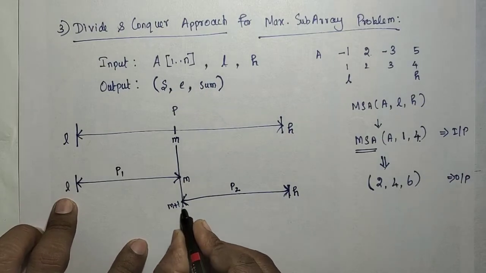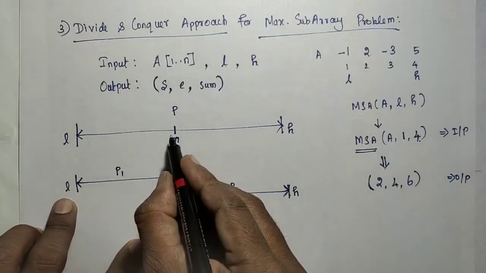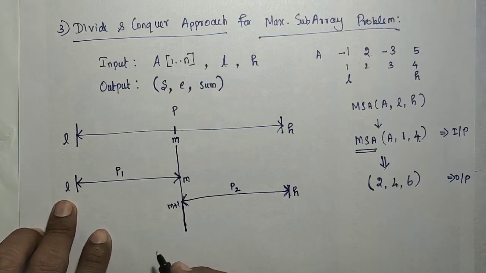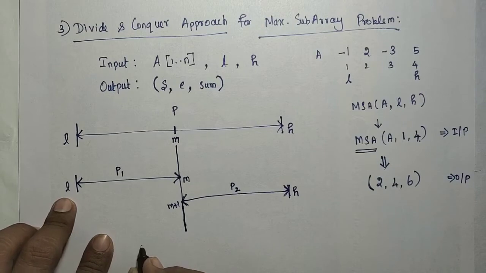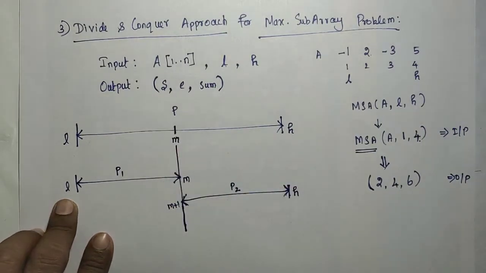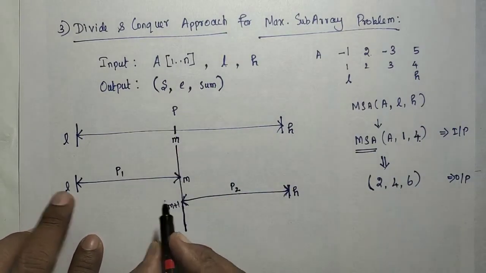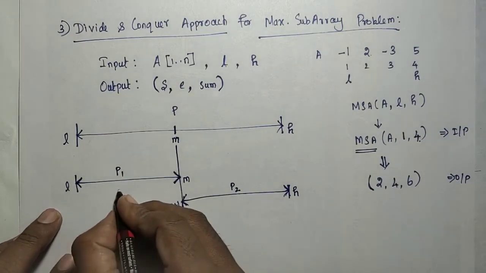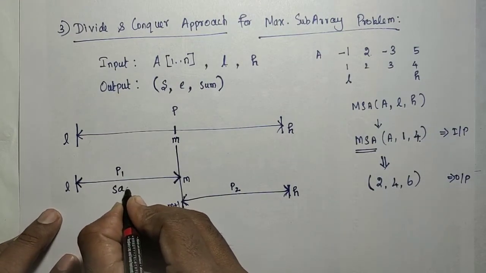And then we are going to apply another algorithm, which is called the mid-crossing subarray. It means that we are going to find a subarray which must cross the middle element. The thing is, from L to M you find one subarray, say subarray 1.